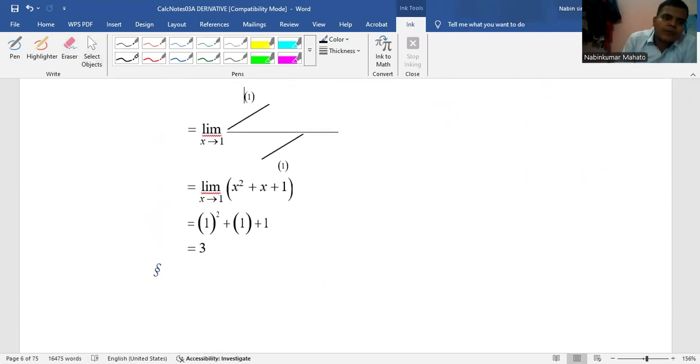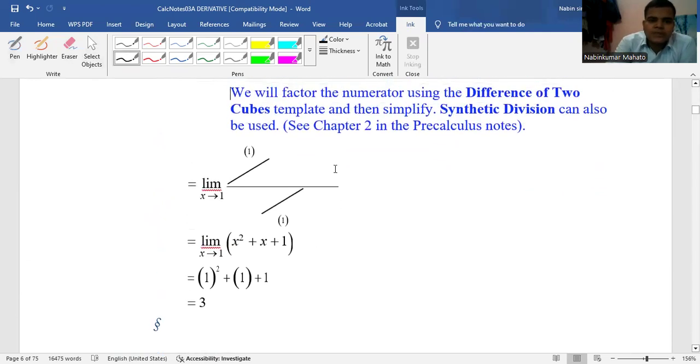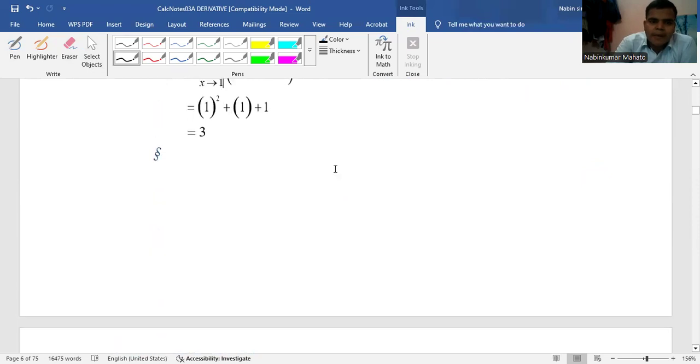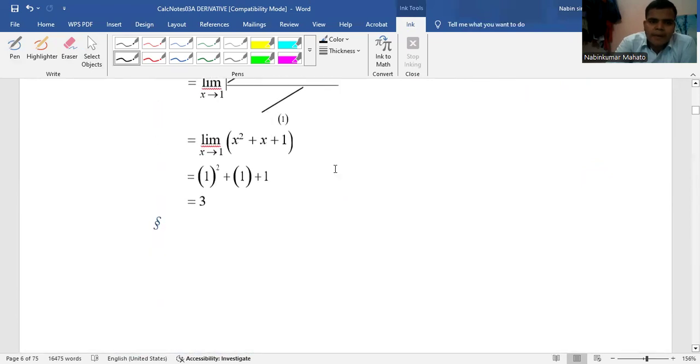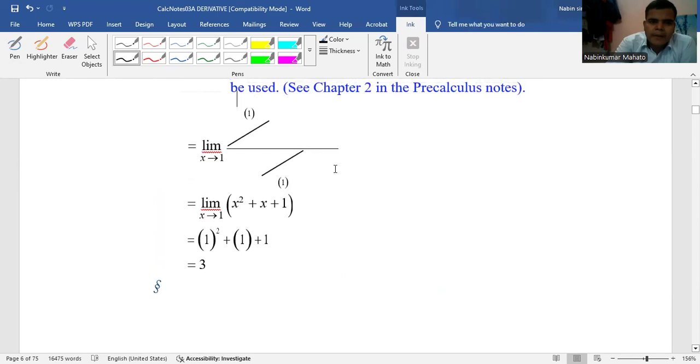So we use this given function. Limit x tends to 1 of x square plus x plus 1, and when we substitute the value 1, we get the answer 3.